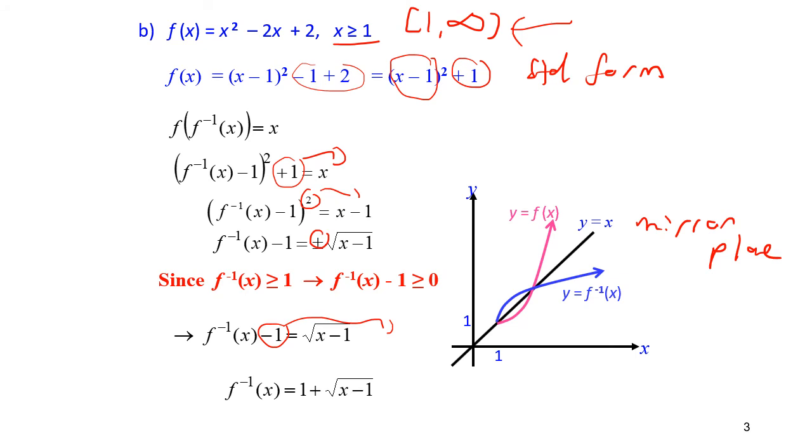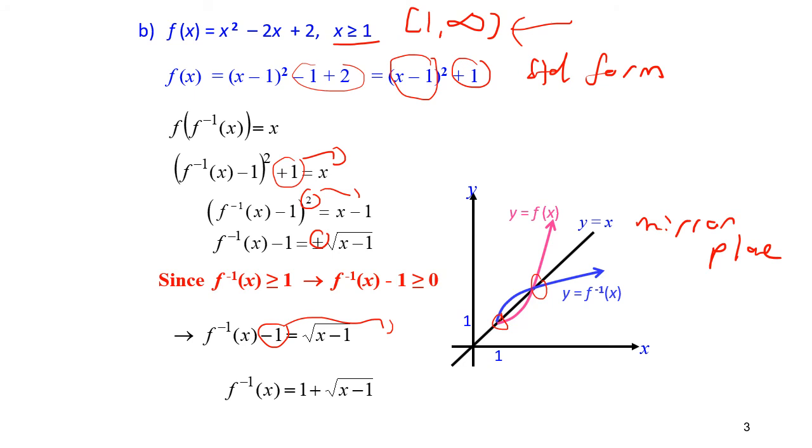Lastly, make sure that the intersections between the original and its inverse must be on the line y equals x. So that's for the first inverse, for the restricted domain [1, infinity).